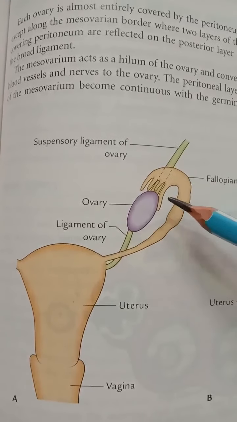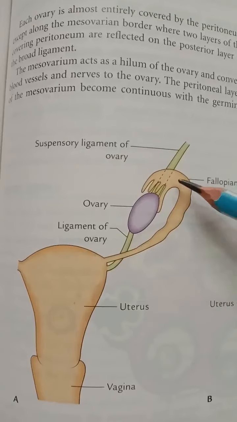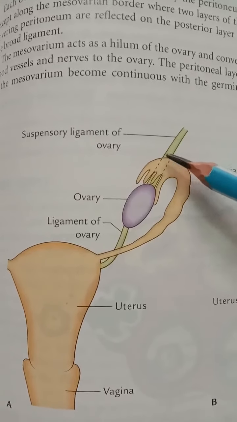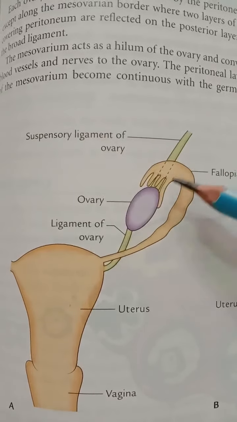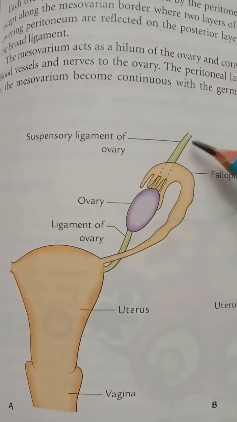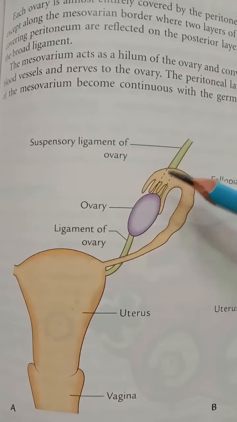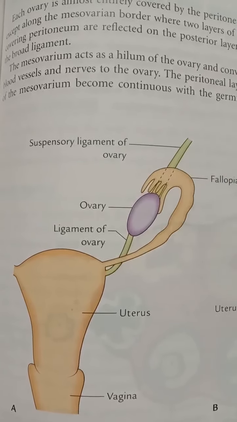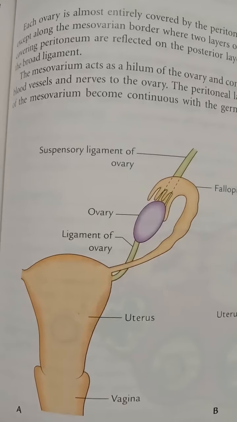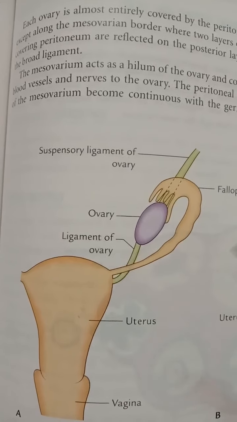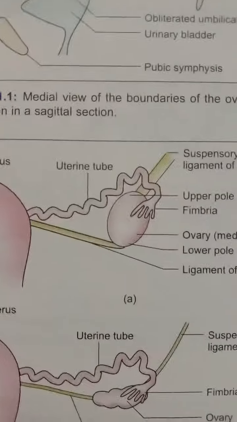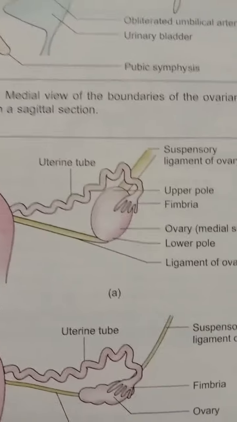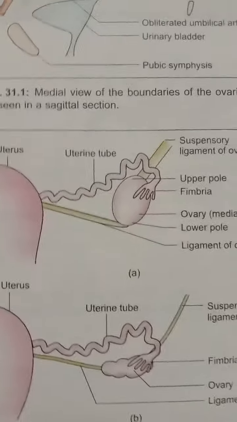It provides the attachment of the fold of peritoneum called the suspensory ligament. Here you can see the suspensory ligament, and it consists of the ovarian vessel and the nerve. After that, let's see the lower extremity, or pole. Here in this diagram you can see the lower extremity.